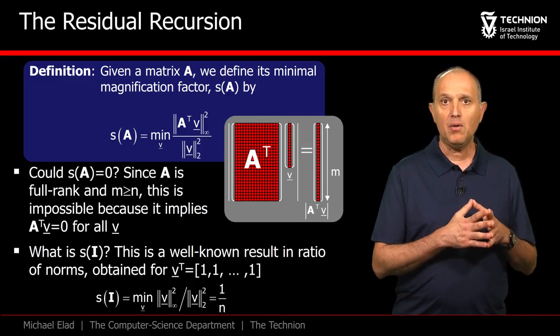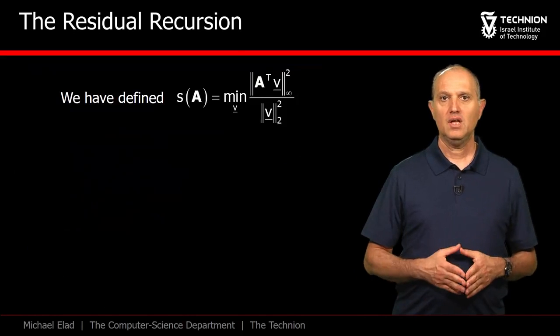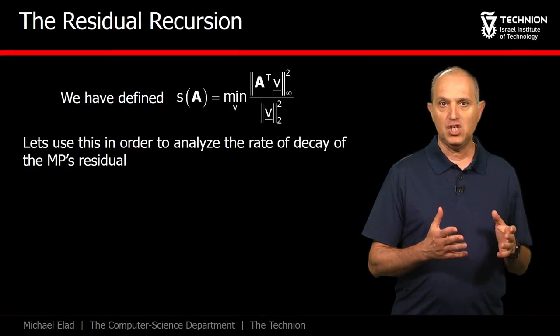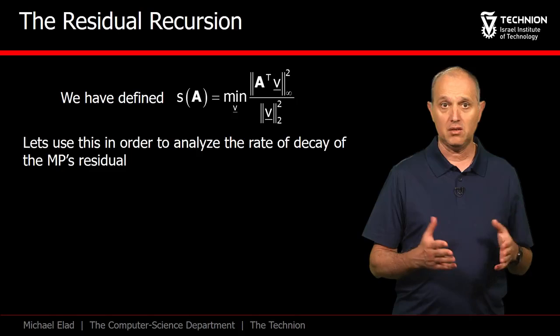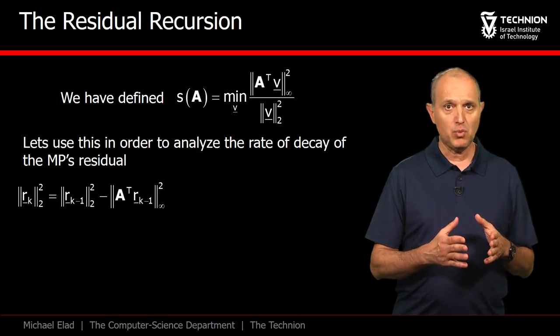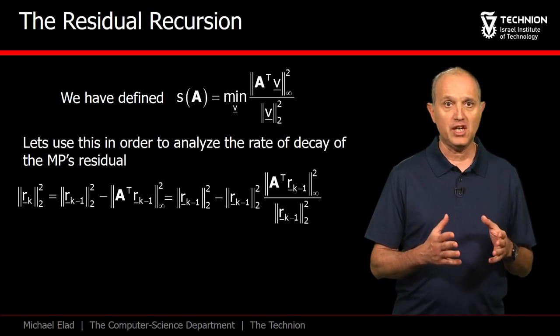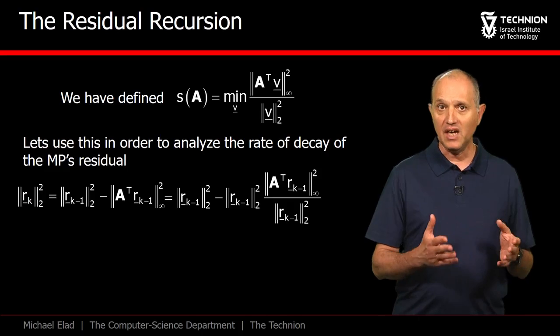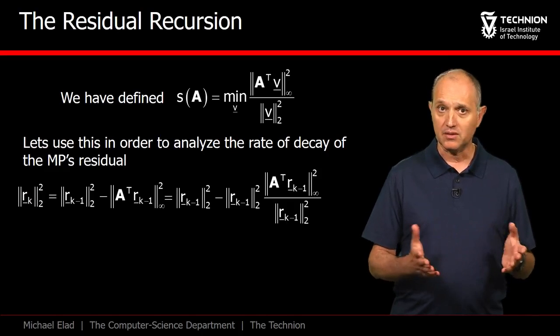Let's see now how this can be used. We return to the recurrent equation that shows how the energy of the residual in the matching pursuit descends over the iterations. This is the relation we got, and we apply a trivial change of multiplying and dividing by the squared norm of the previous residual, and clearly this keeps our equation correct.